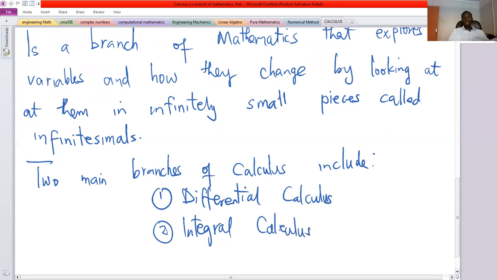Differential calculus deals with finding derivatives of functions, or the process of differentiation. Integral calculus deals with problems of finding areas under curves, or techniques of integration.